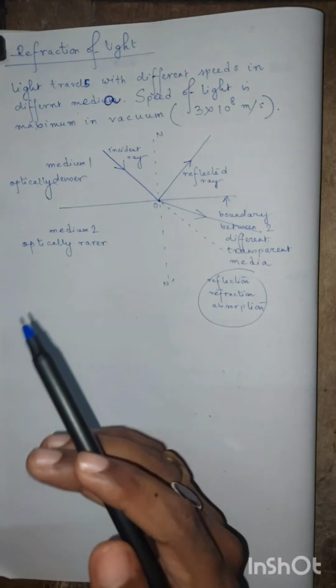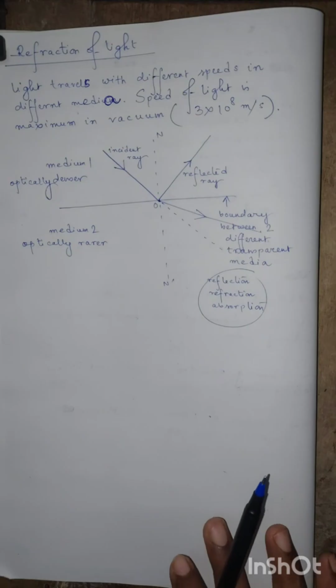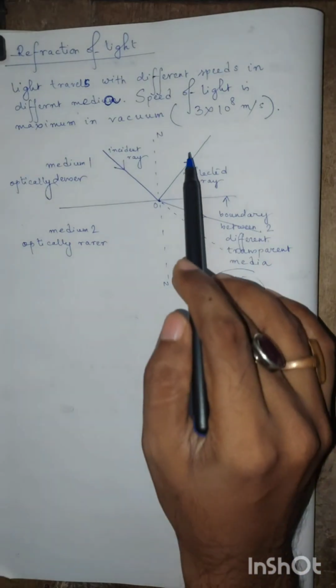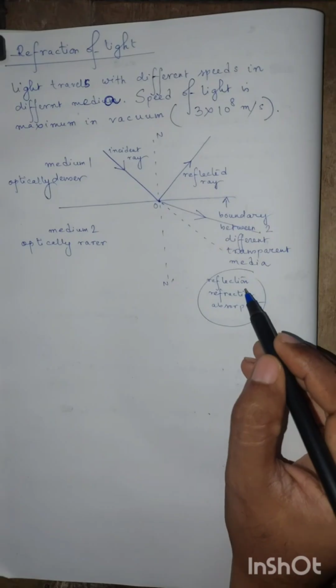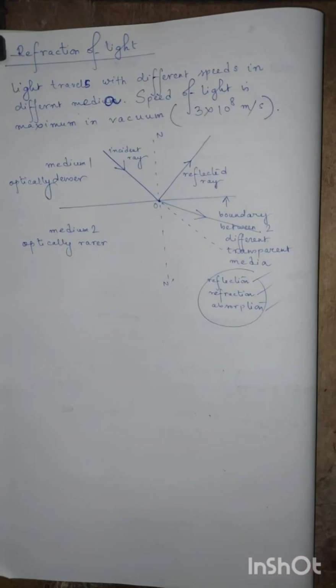So total energy of the incident ray is divided into three parts: reflection, refraction, and absorption.